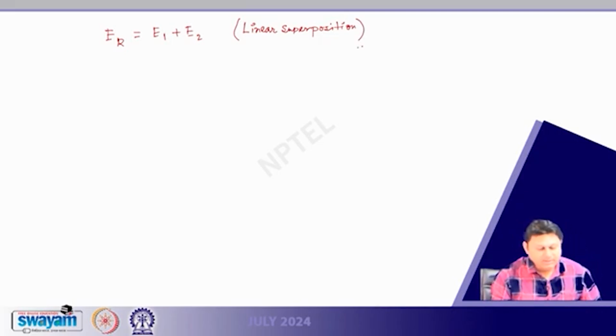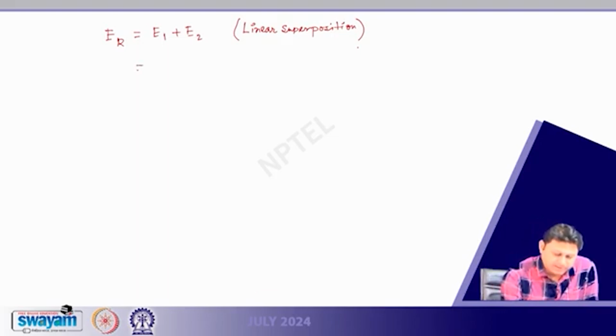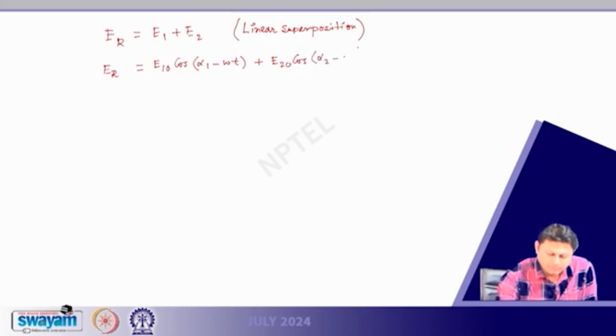And E1 and E2 will be represented by the form we have. So essentially ER will be E10 cos of alpha 1 minus omega t plus E20 cos of alpha 2 minus omega t.